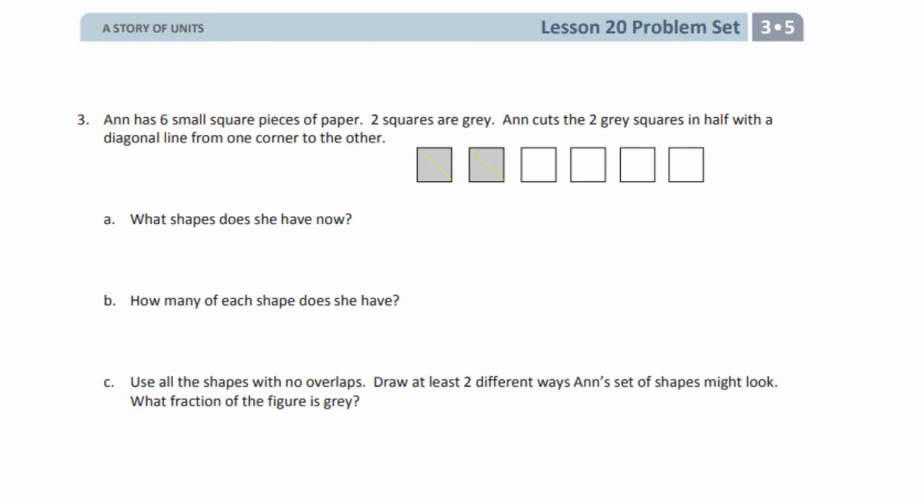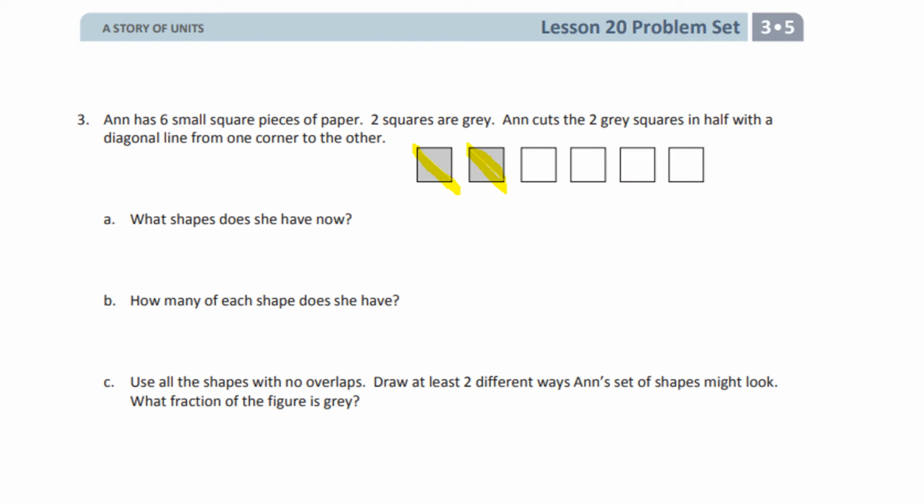For this one, it says, Anna has 6 small square pieces of paper. 2 squares are gray. Anna cut the 2 gray squares in half on a diagonal line from one corner to the other. You can see I did this with yellow. I will shade it in also in yellow to make it a little easier to see. What we have to answer is what shape does she have now?